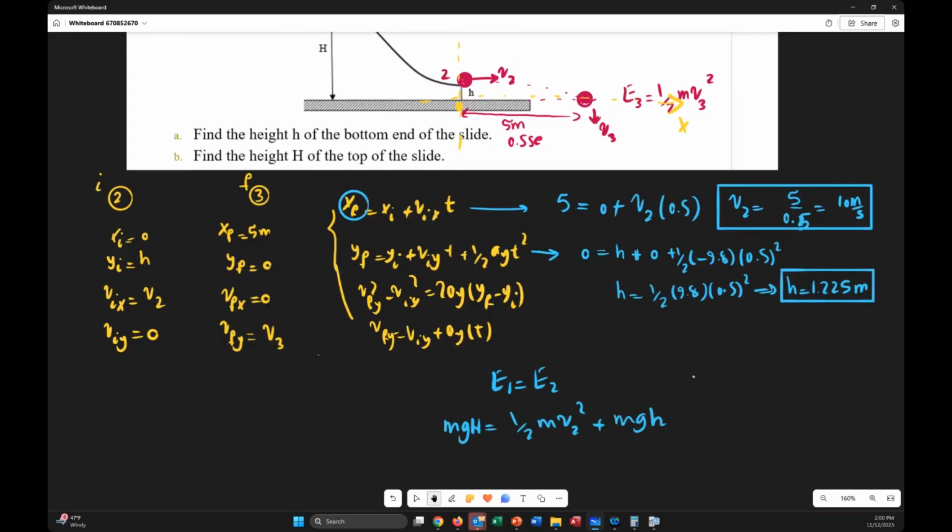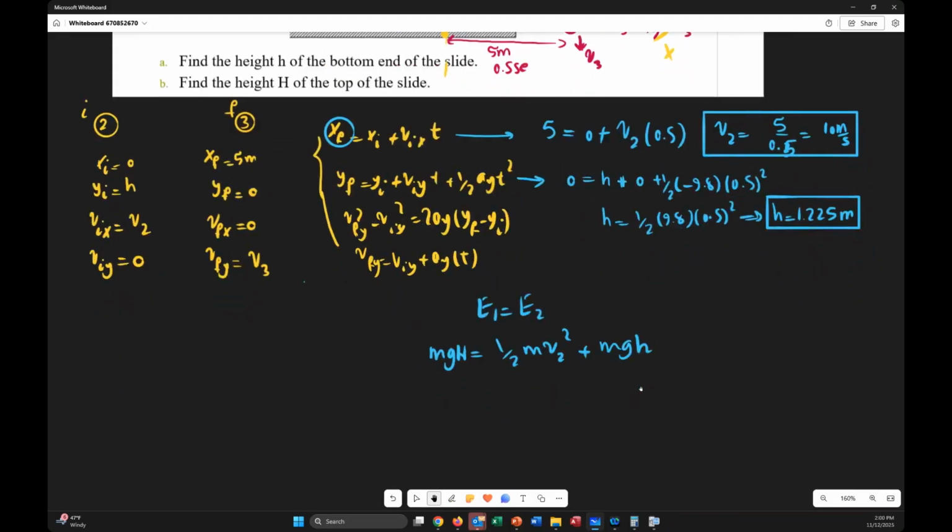So I can factor m, and divide by g. So H will be velocity squared over 2g plus h over g.